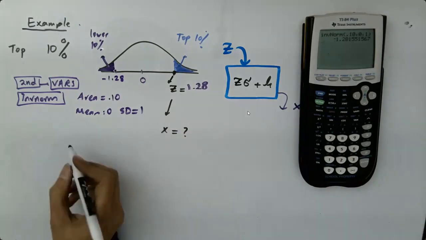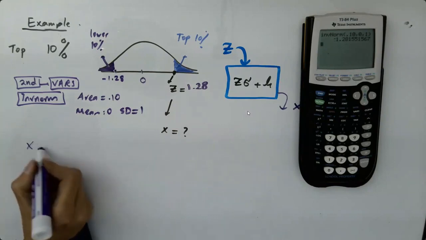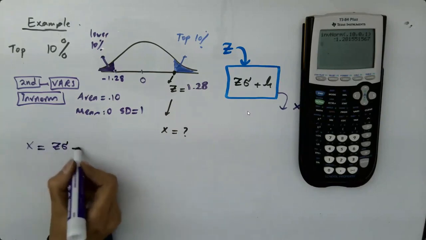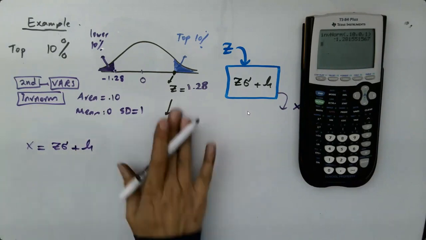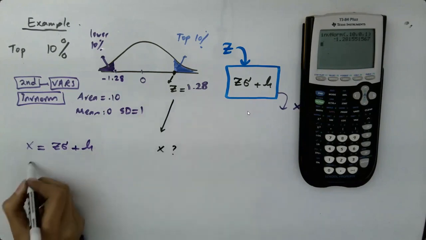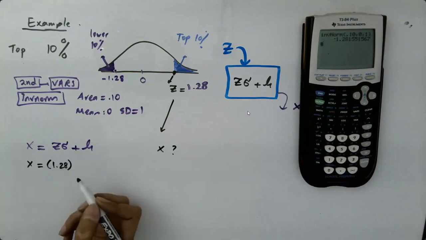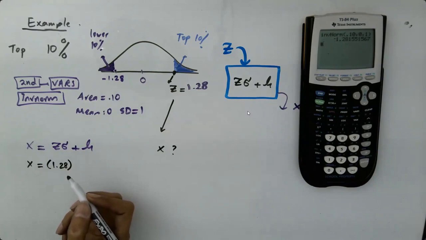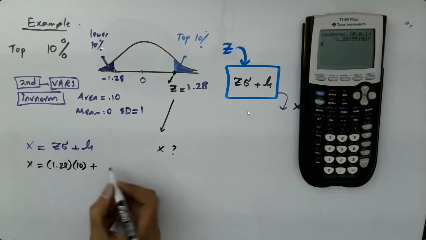So you know that X is equal to Z times sigma plus the mean, all right? So let's just enter all of this information and find our X. X becomes Z, which is 1.28, times sigma. Sigma is given in the question, all right? It says the standard deviation is 10 and the mean is 50.